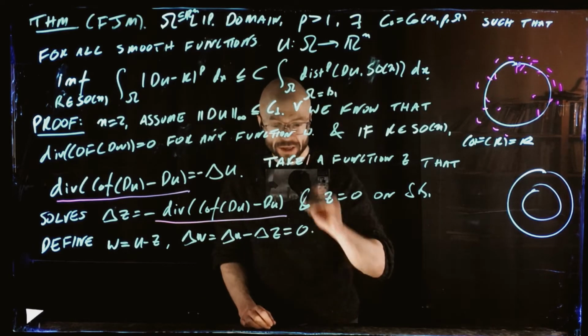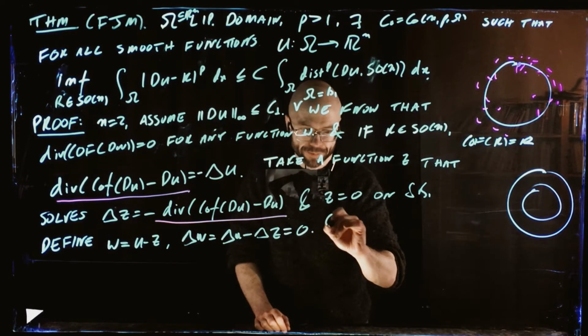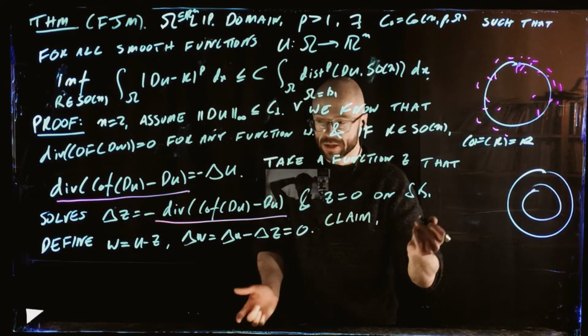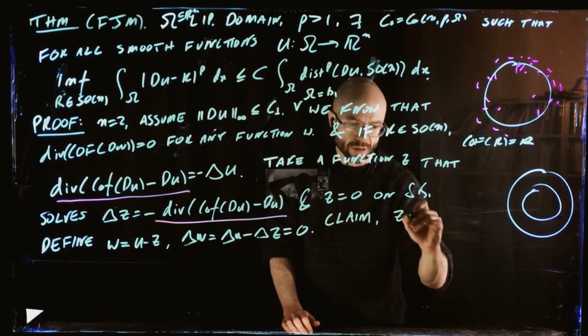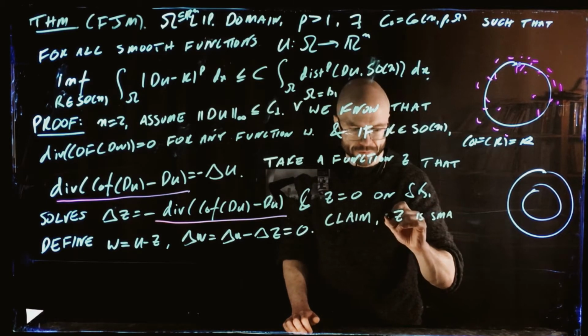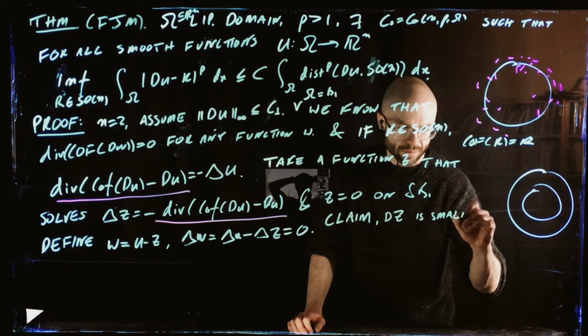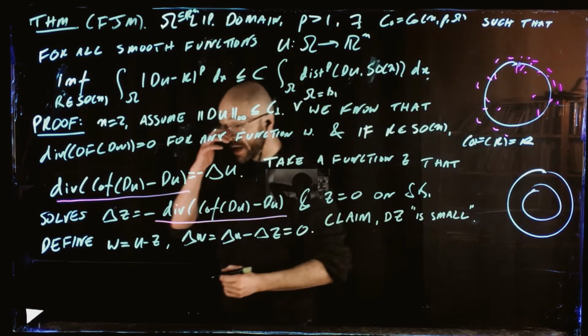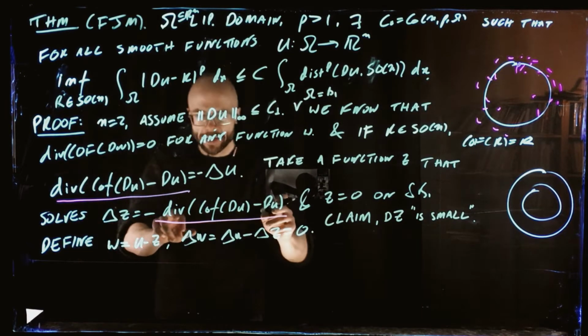So we claim it's actually small. Claim: z is small. Specifically, the gradient of z is small. And we can see this by testing the equation that z solves.